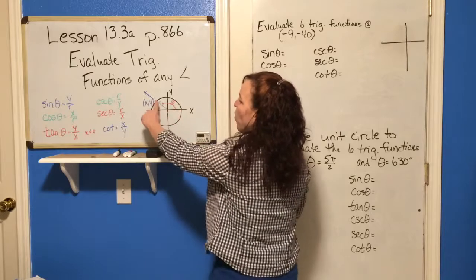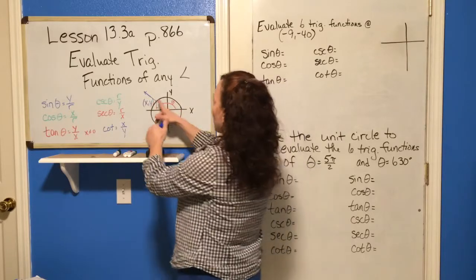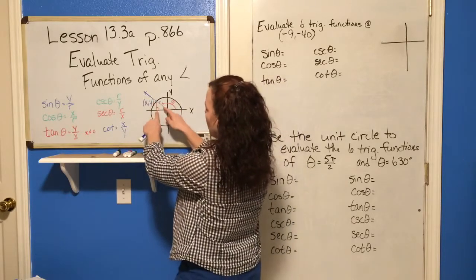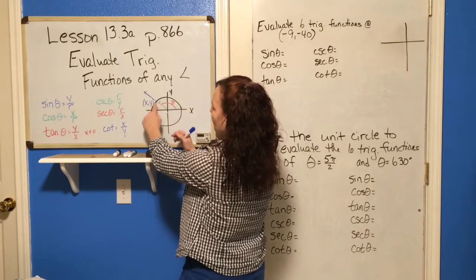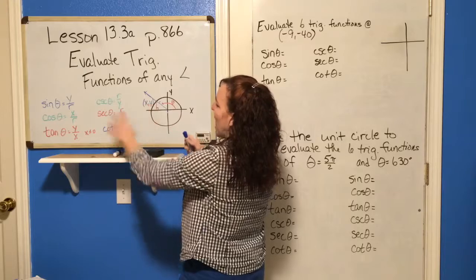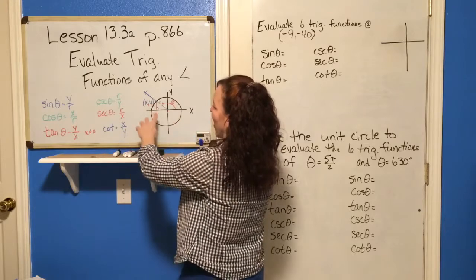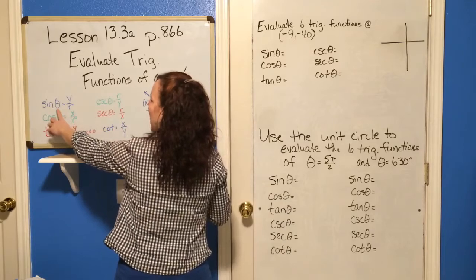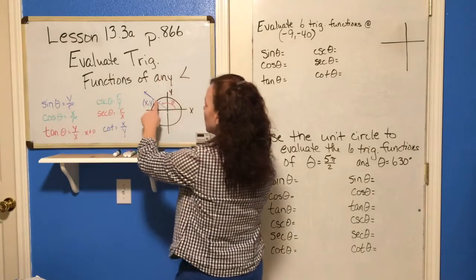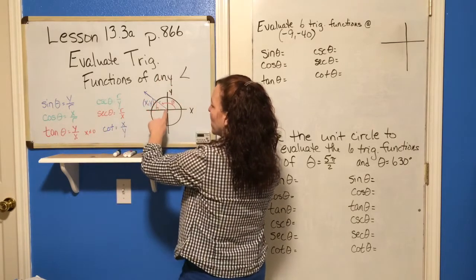So at this point, we have the opening of this angle, and we have a triangle that is formed. We can determine that this triangle results in the sine of theta being y over the radius.